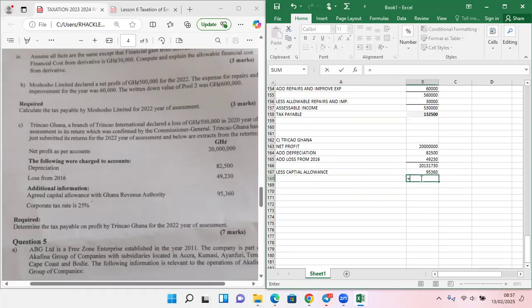So this would be the chargeable income. Then we apply our tax rate of 25%.